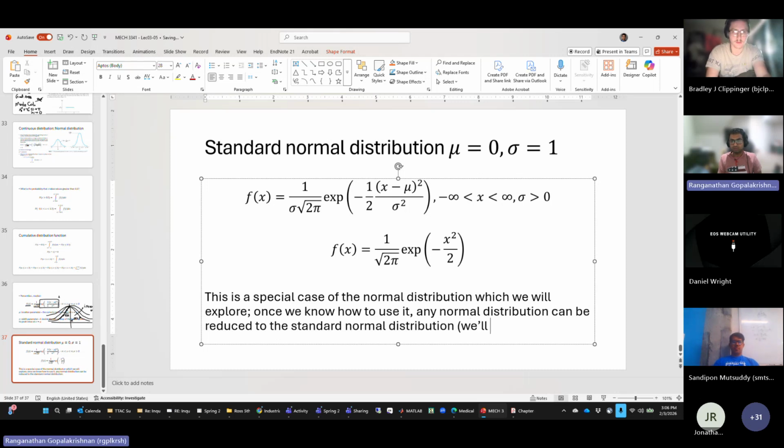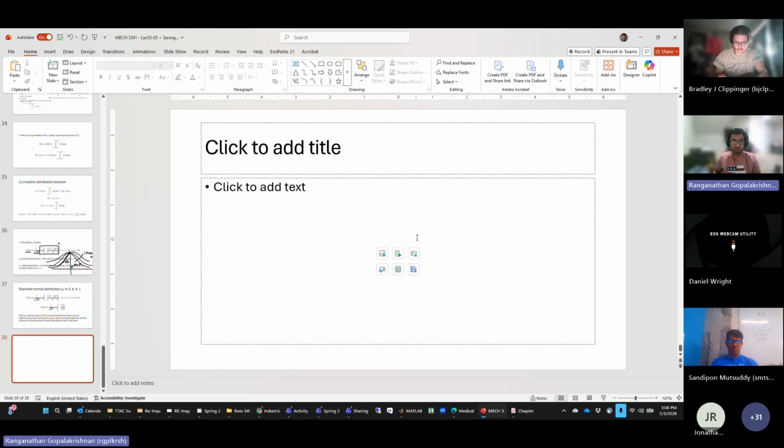We'll see how. Are you with me so far? We are just considering a special case, for which we can do calculations much more easily than treating every problem as a different problem. Okay. All right. So let's take this standard normal distribution.